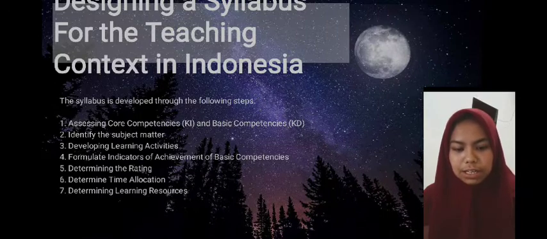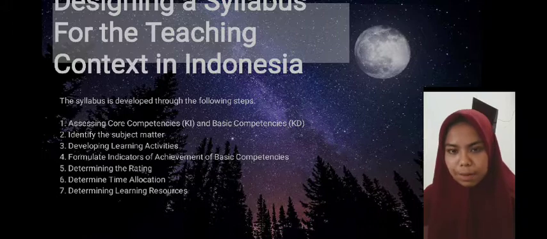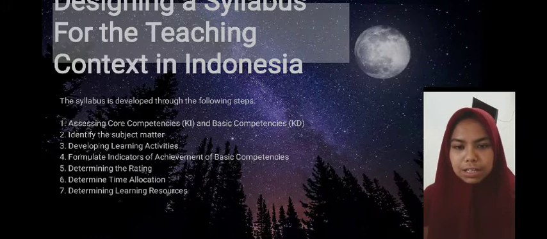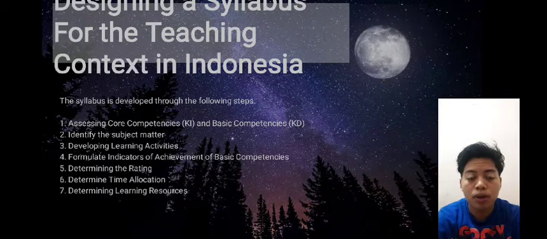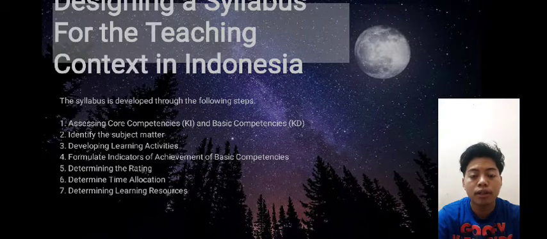Depth and breadth of learning materials. 6. Relevant to the needs of learners and environmental demands. 7. Time allocation. In addition, it should also be noted validity, significance, utility, learnability, and interest.